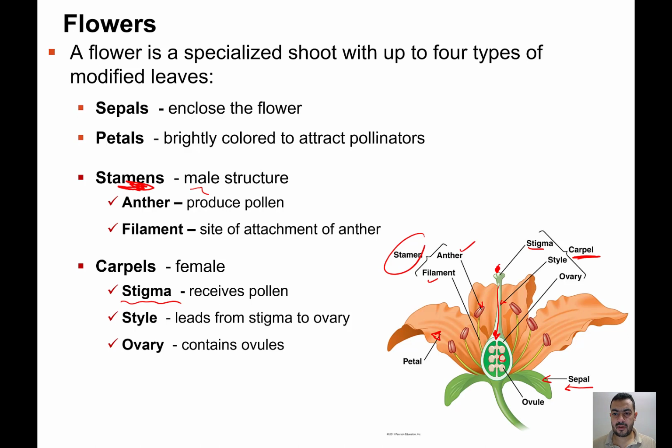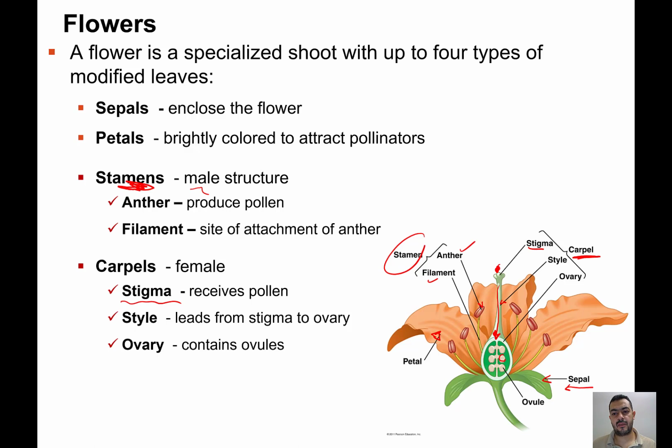Even in flowers like this, where both male and female organs are contained within the same flower, the flower is trying to encourage cross fertilization, meaning that it is preferred for pollen to fertilize another flower, and that is to create gene diversity. So there are many mechanisms that encourage cross fertilization rather than self fertilization.